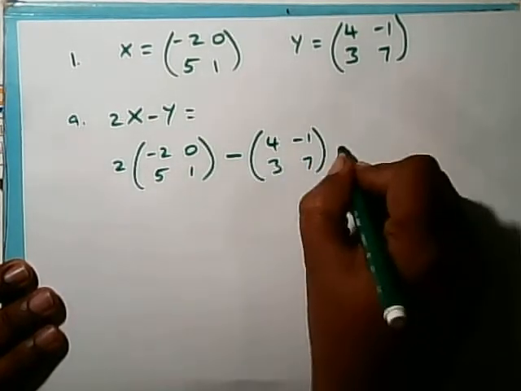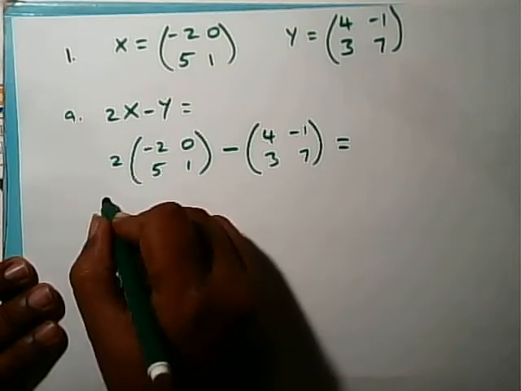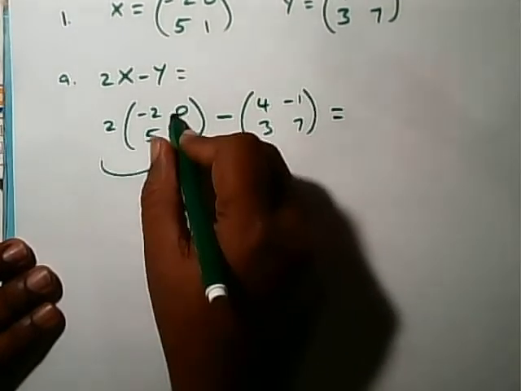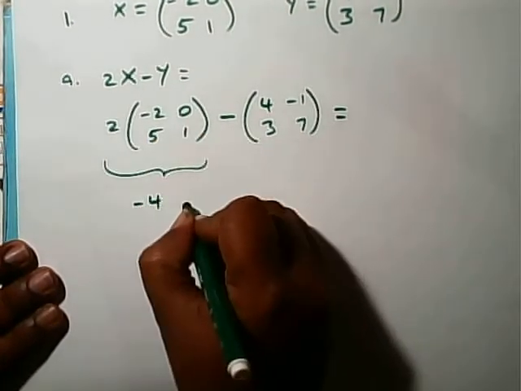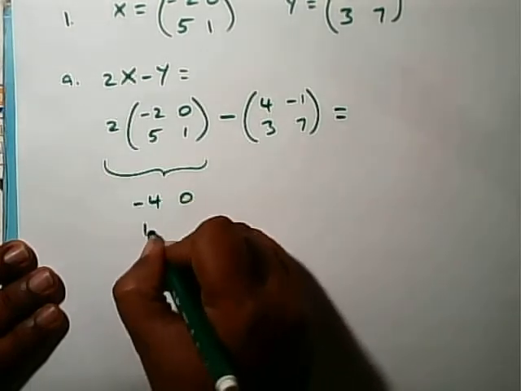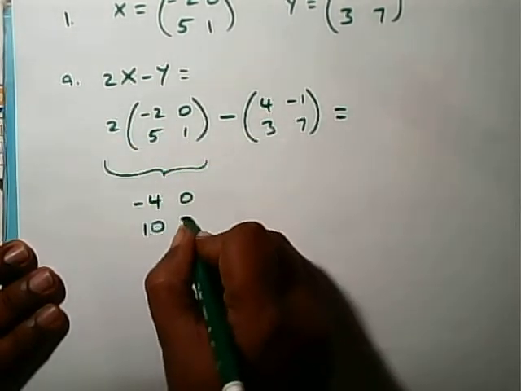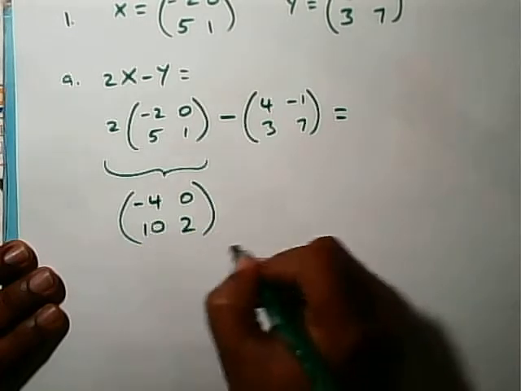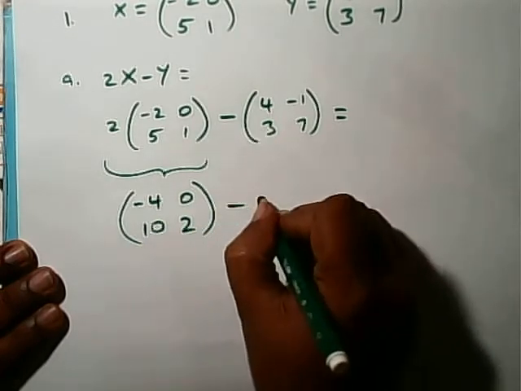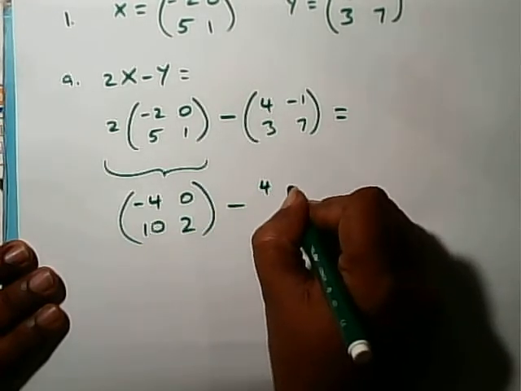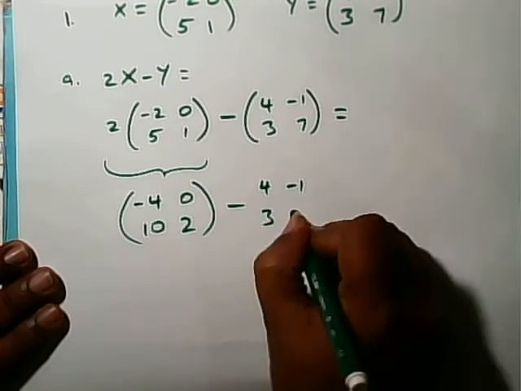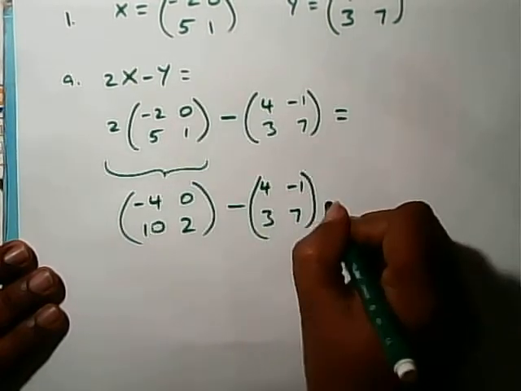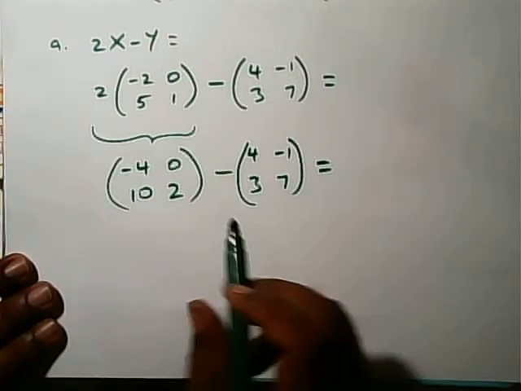This will turn into, let's work out this part alone. 2 times minus 2 is minus 4, 0, 2 fives are 10, 2 times 1 is 2. So we end up with that. Bring down the rest. Take away 4, minus 1, 3, 7. Now we could work out this.